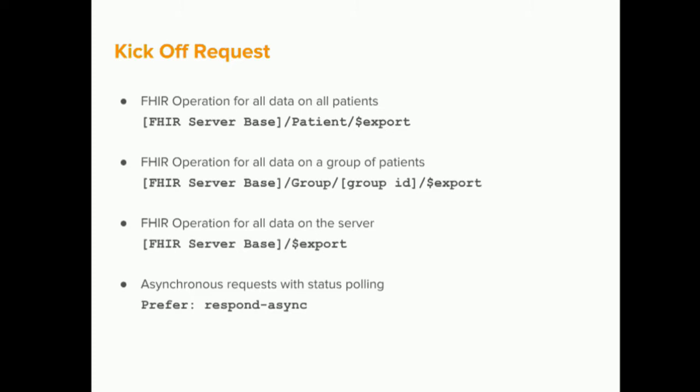And then the last piece is the magic sauce. If you put a header in that says respond-async, then the FHIR server knows to treat this as an asynchronous operation. So the $export operation has been defined to really be only async because we're talking about large amounts of data. But one of the neat things that the FHIR infrastructure group has been working on is pulling this async header out of the bulk data operation and enabling servers to apply it to all FHIR operations.